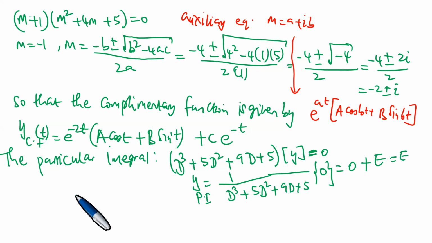It is certainly a constant, just a constant e. But now if you allow y to be e, you put it here. This is going to make it 0, but this is going to mean that e itself is equal to 0. So you can accept that the particular integral is 0.